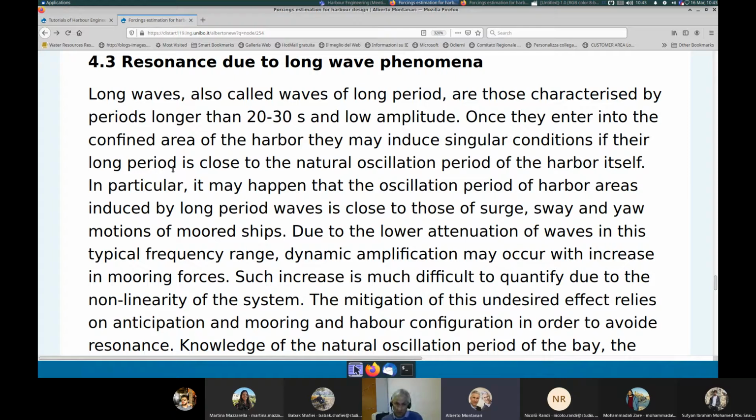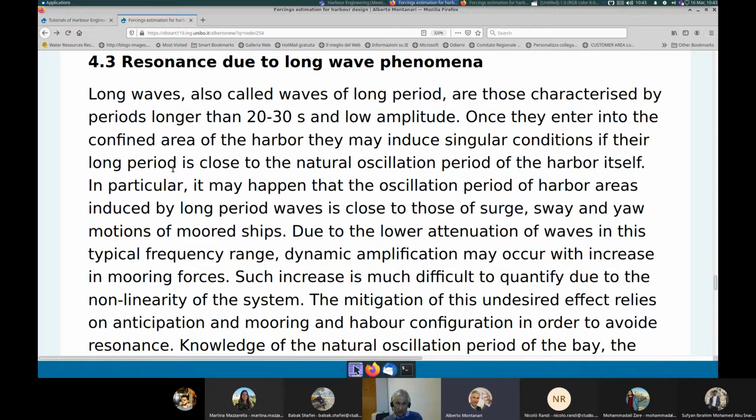We already talked about this range, 20-100, 20-40, and these waves, once they enter into the harbor, may induce singular conditions. And we are particularly concerned by two types of resonance.